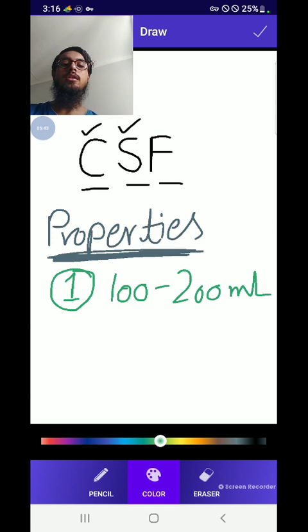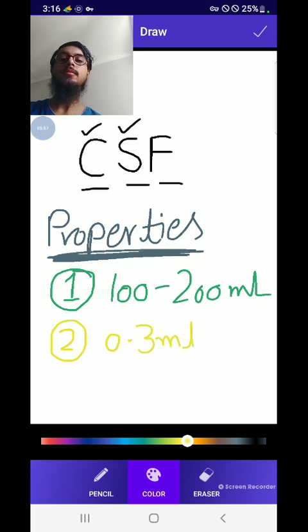Now the second property: at what rate is the CSF produced in the ventricles? At 0.3 ml per minute.